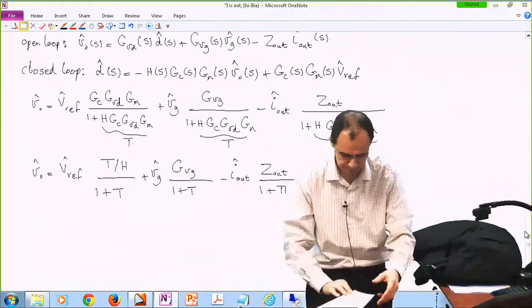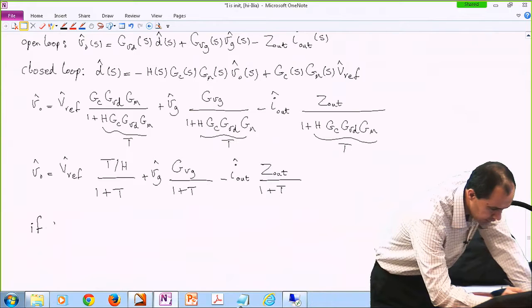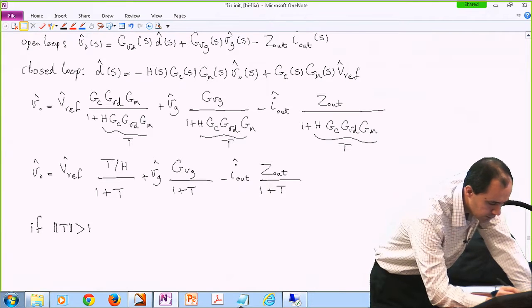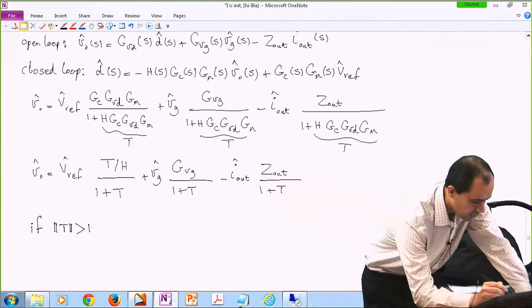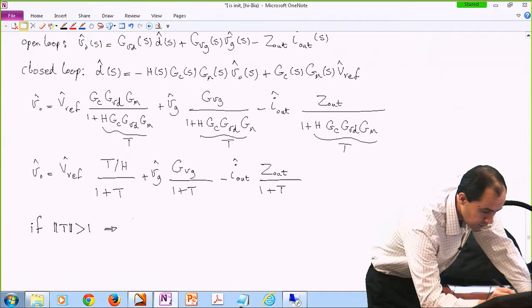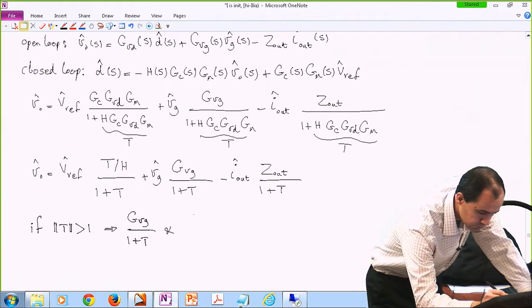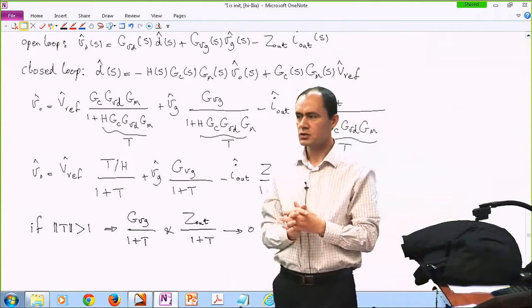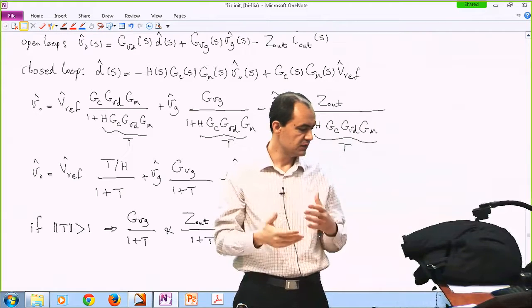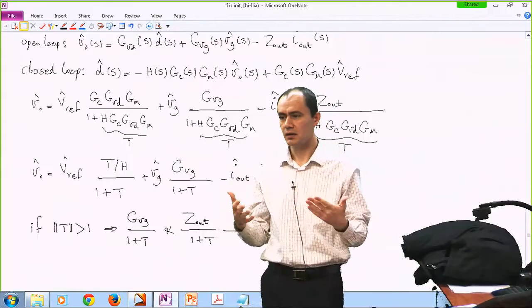For instance, if you look at the last equation that I have on the screen, and argue that if T, as a loop gain transfer function, is very large in terms of magnitude at any particular frequency, then GVG over 1 plus T and Z out over 1 plus T are going to get smaller and smaller and ultimately basically 0.